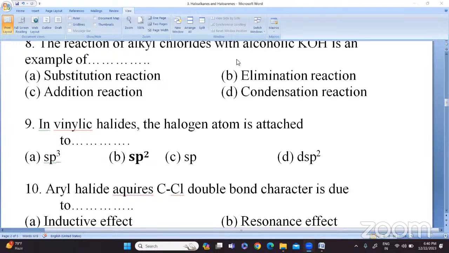It is sp2. I have told the definitions many times, so we'll cover the next points.